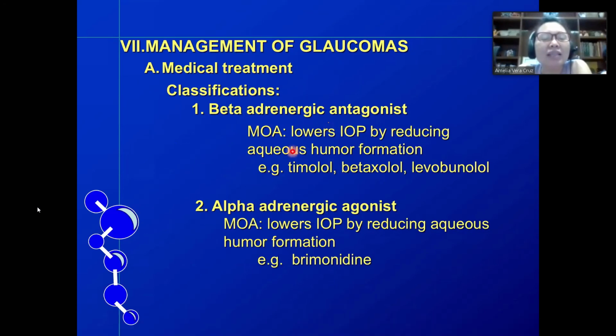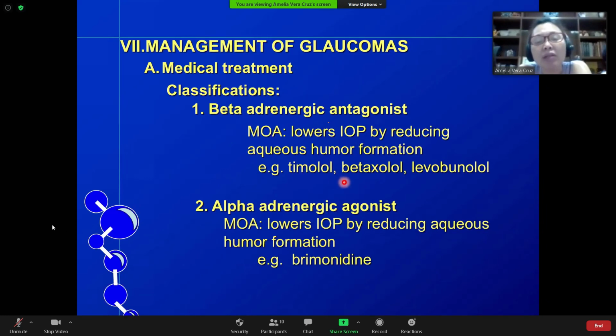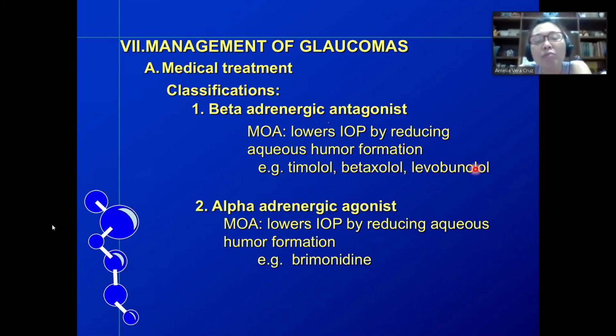The mechanism of action: it lowers your IOP by reducing aqueous humor formation. How this decreases the IOP is unknown pa. Ito dati ang gold standard ng glaucoma, timolol, itong pinakaunang anti-glaucoma agent, beta blocker. So, timolol, betaxolol, levobunolol.